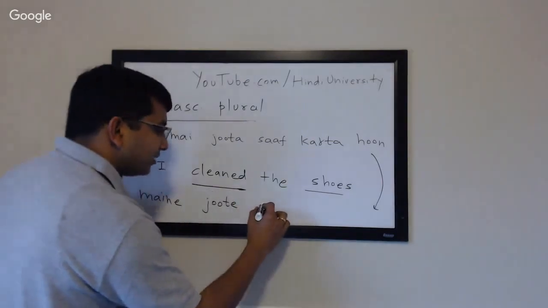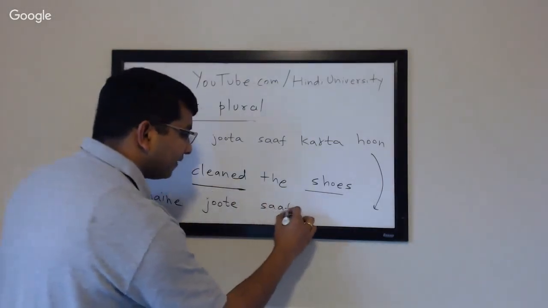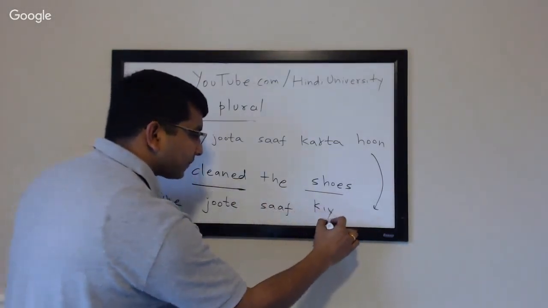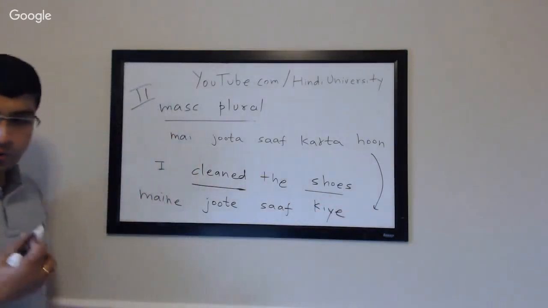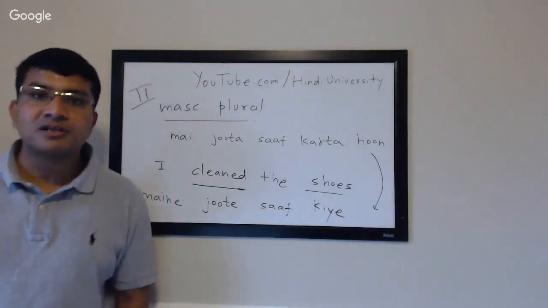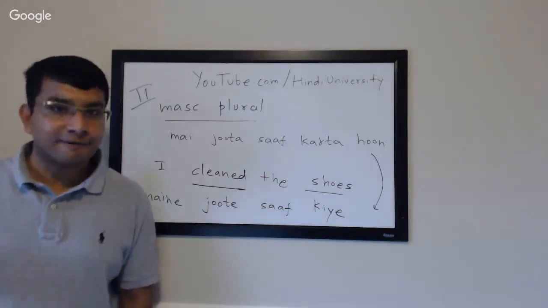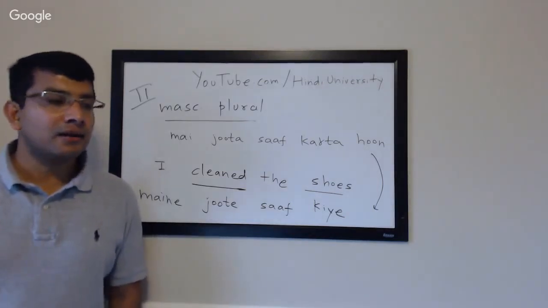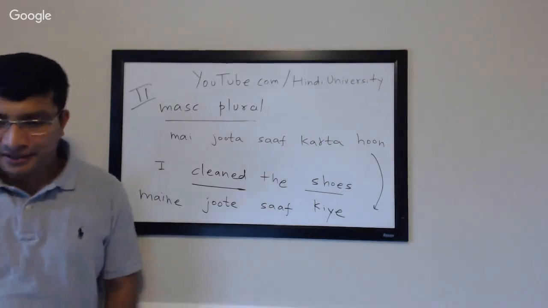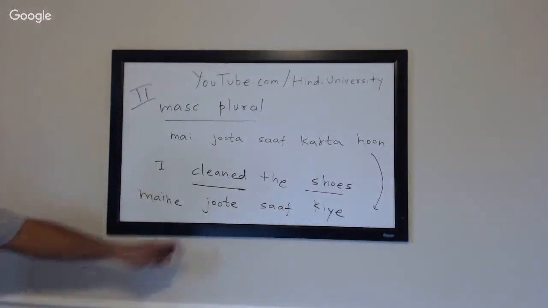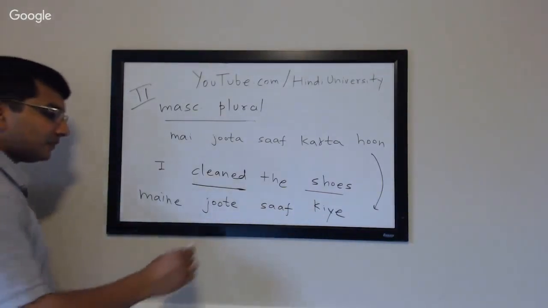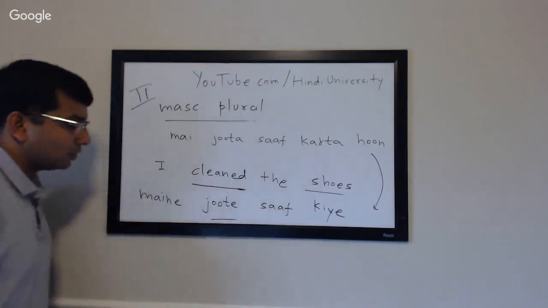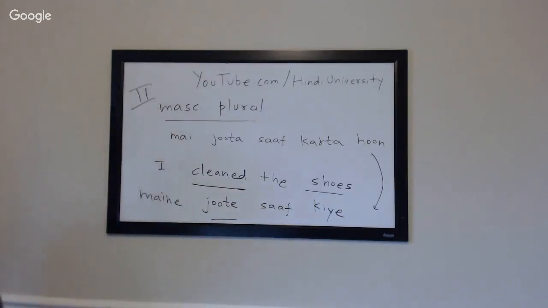Okay, you will say मैंने जूते साफ किए. If you're talking about one shoe, it's मैंने जूता साफ किया और मैंने लैम्प साफ किया और मैंने किचन साफ किया, as we did, right? In this case, you're writing masculine plural. Okay, so juta is masculine and juta is plural as well.